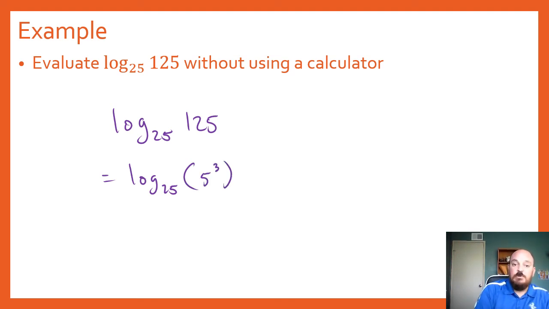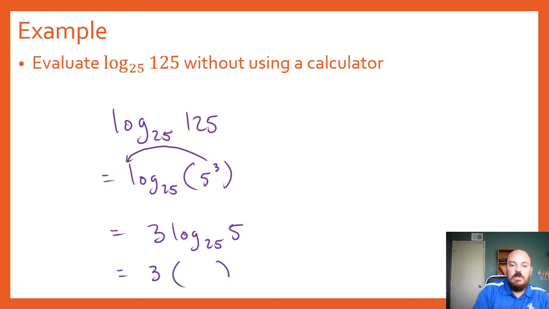Then I can use my exponent rule. I can pull that 3 out front. And I say, well, that's 3 times log base 25 of 5, which would be 3 times, and we already realized from a question earlier, the log base 25 of 5 is 1/2 because it's a square root. So you get 3 times 1/2, which equals 3 over 2.